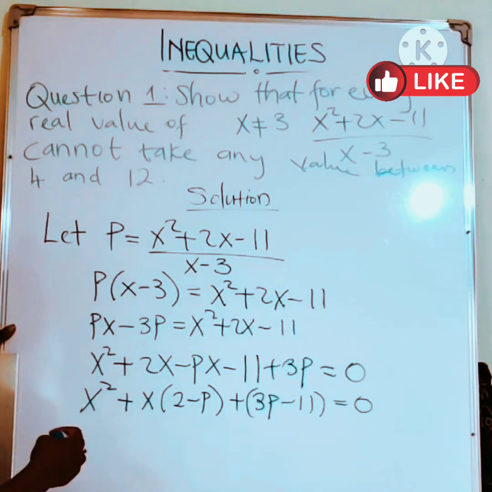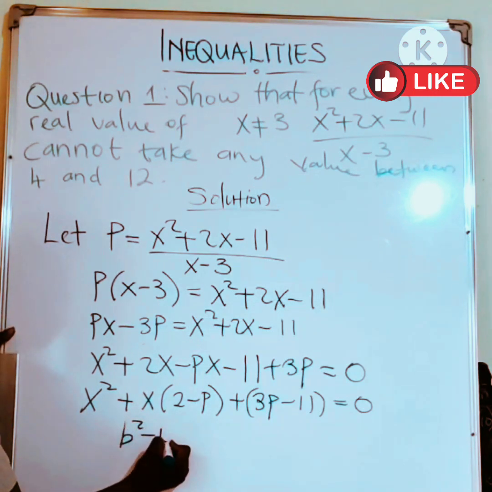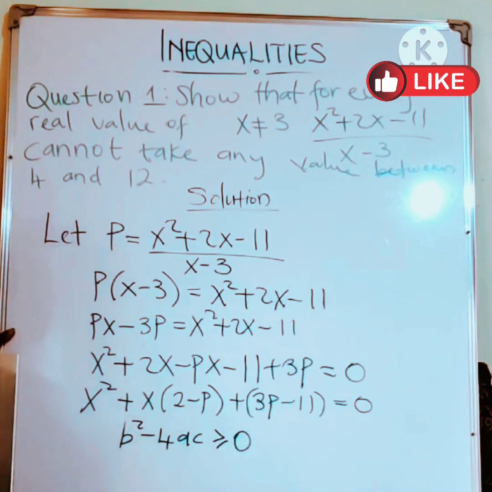In our question, we know that for every real value of x, b squared minus 4ac is greater than or equal to 0. So this is a principle that we're going to use to prove that the expression cannot take any value between 4 and 12.